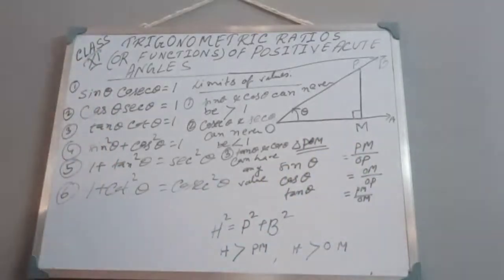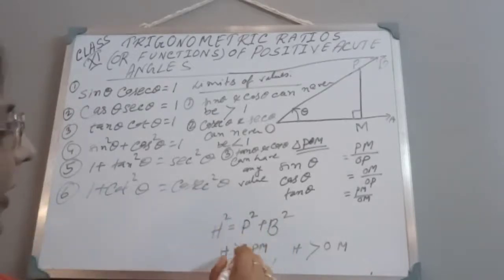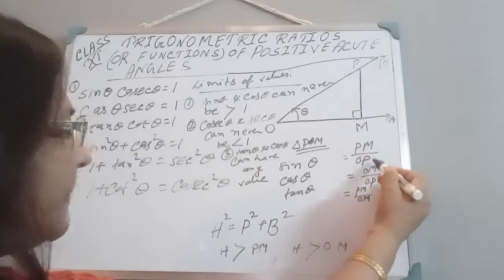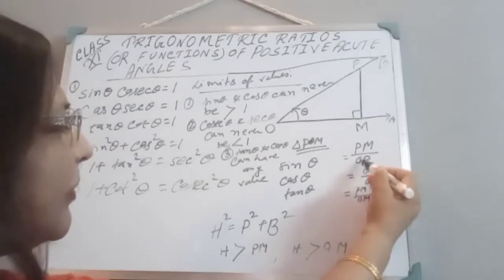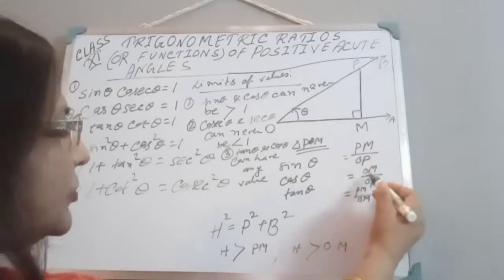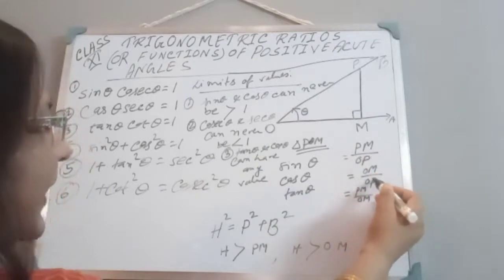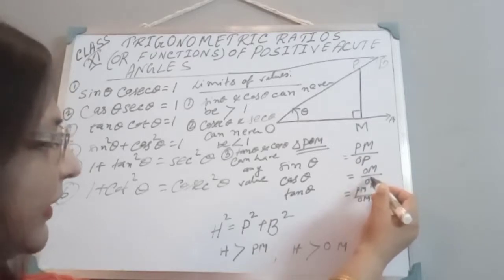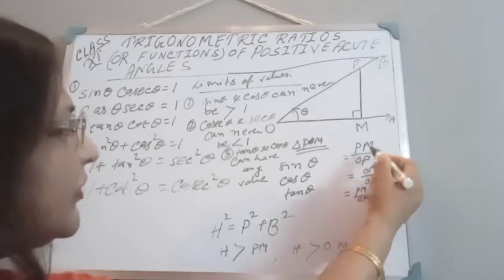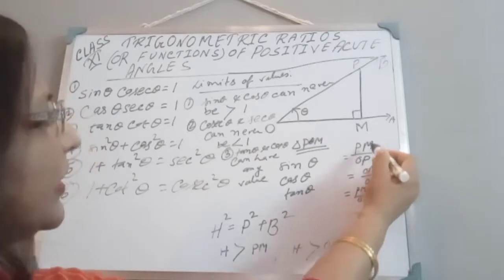Okay, since hypotenuse is always positive here, and hypotenuse here is more than PM. When hypotenuse, that is OP, is more than PM, that means the denominator part is more than the numerator. Here also the denominator part is more. That means sin theta and cos theta can never be greater than 1. If the denominator is more, then how can it be greater than 1?